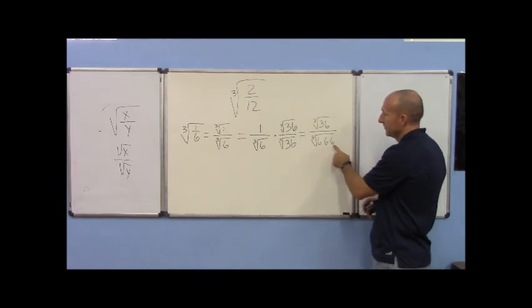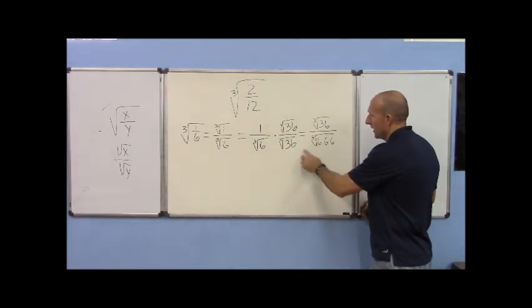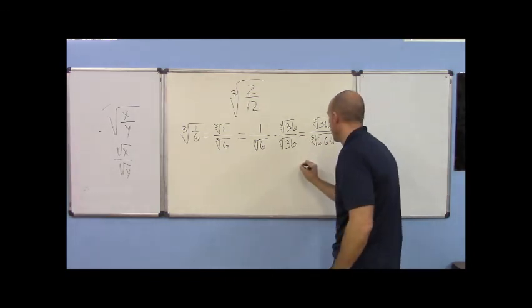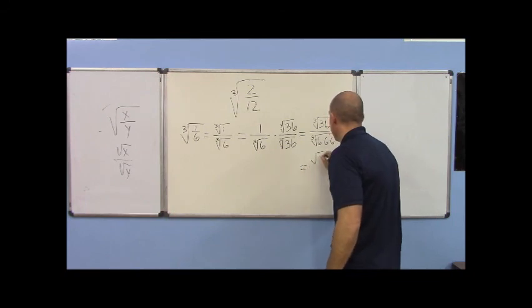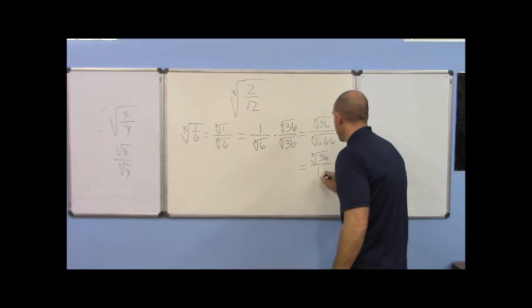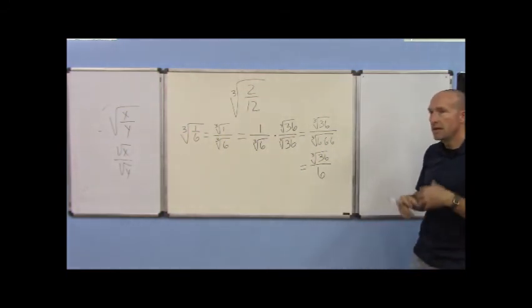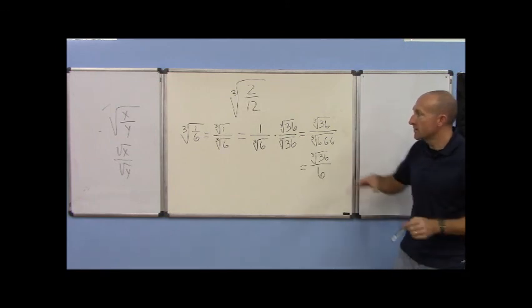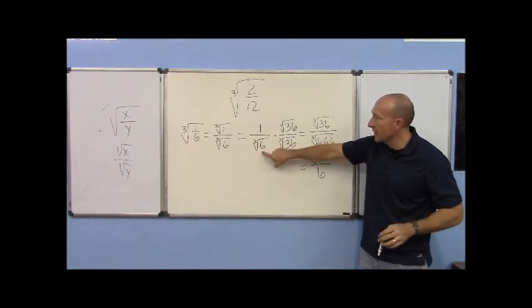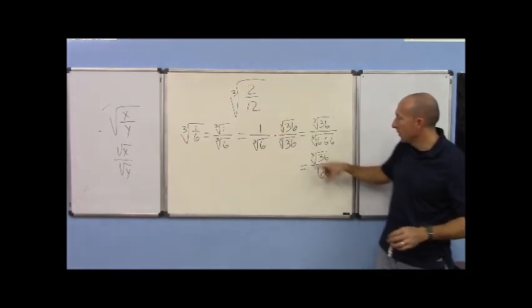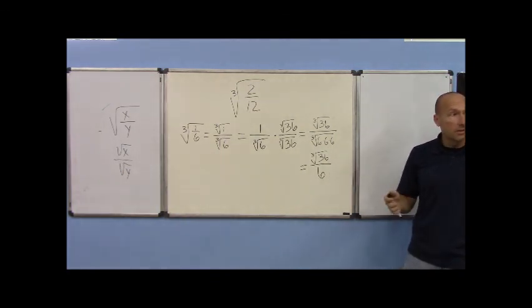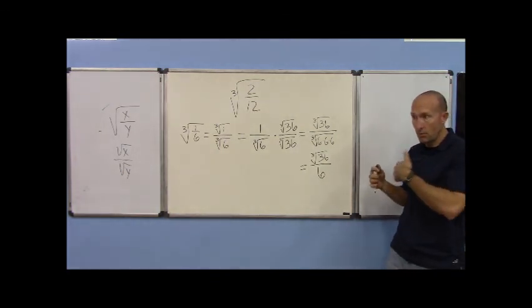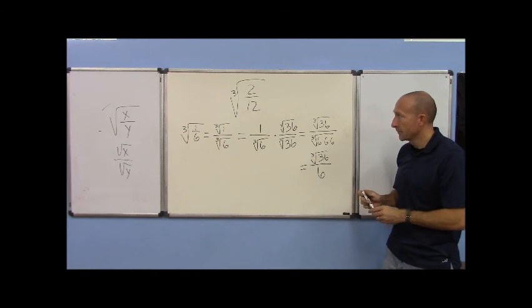We see 3 of them, and we're going to bring one out, and that's going to end up being a whole number. So then we have the cube root of 36 over 6. And then now we can go on from there. With that problem, the idea is trying to get rid of that radical from the bottom to where we have a whole number. Again, renaming helps you achieve those things.